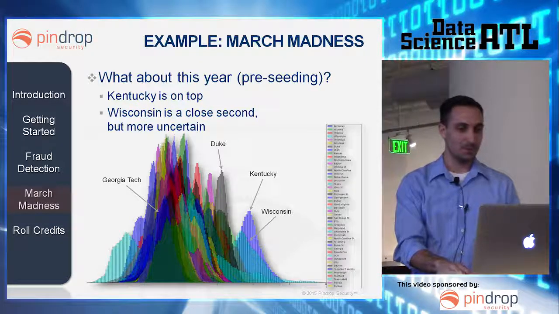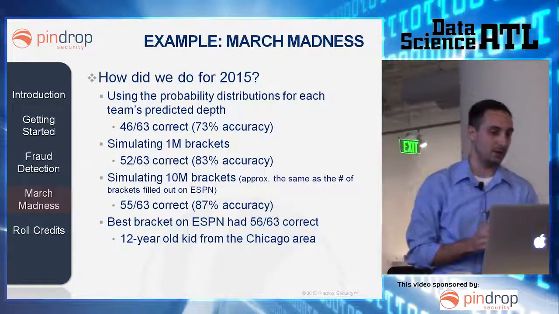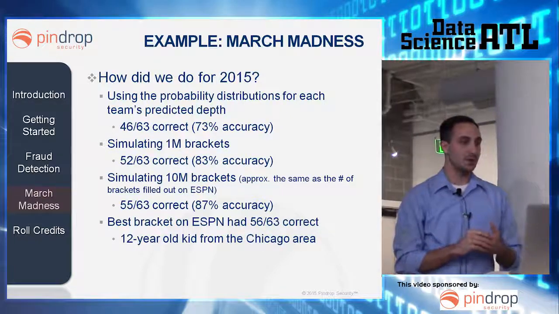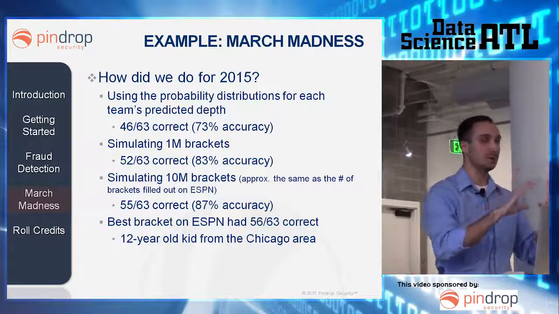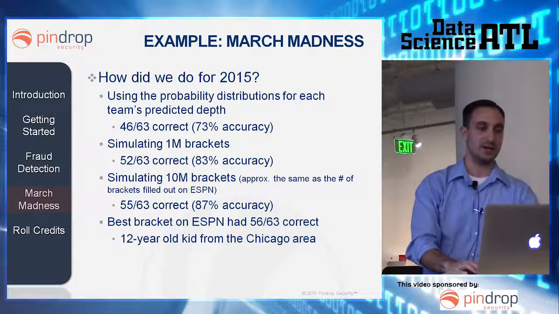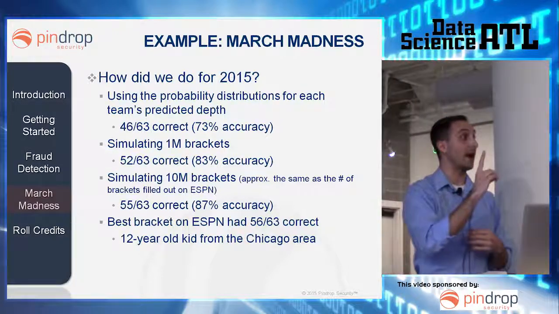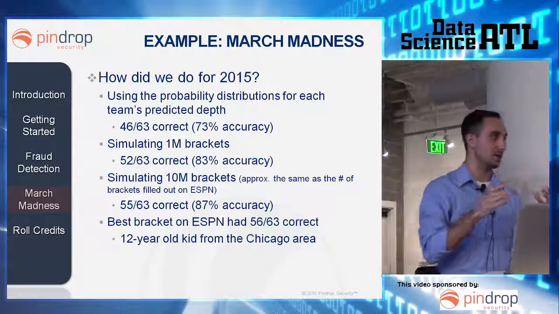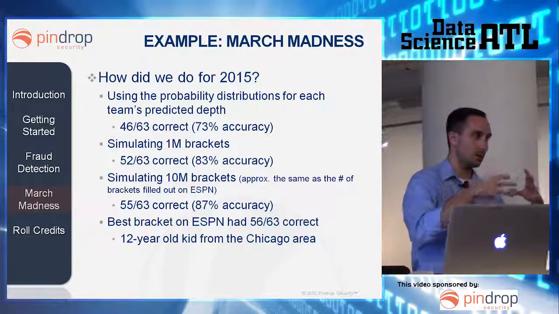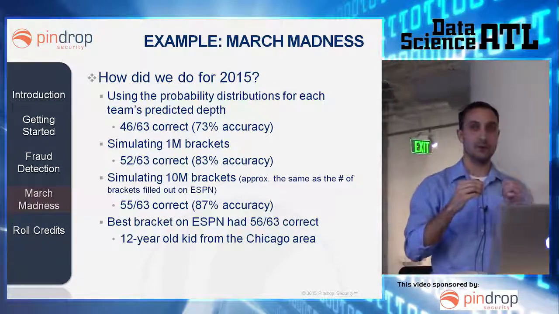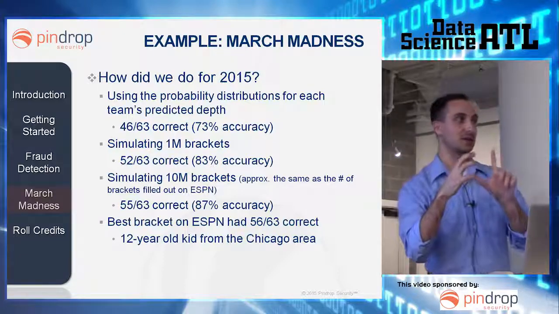Anyhow, so how did we do in 2015? Using just those probability distributions that we see here to create a single bracket, and utilizing them to understand the likelihoods of one team against another.